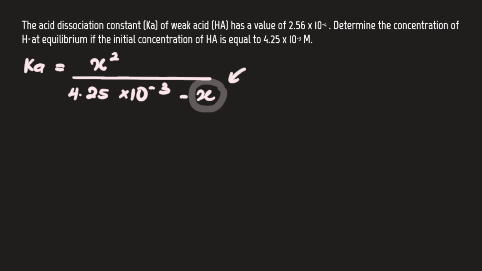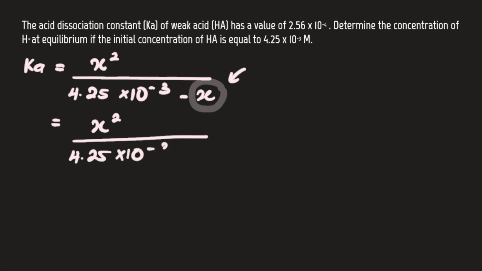So now we are going to substitute the value of x that we have calculated just now into this. So x squared divided by 4.25 times 10 to the power of negative 3 minus the value of x that we calculated just now, which is 1.0431 times 10 to the power of negative 3.